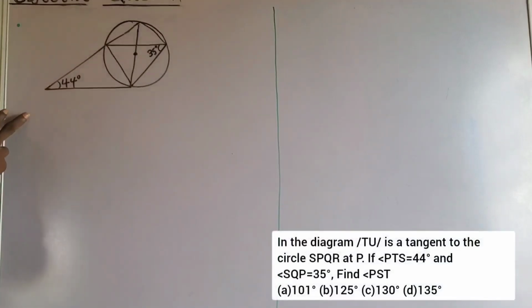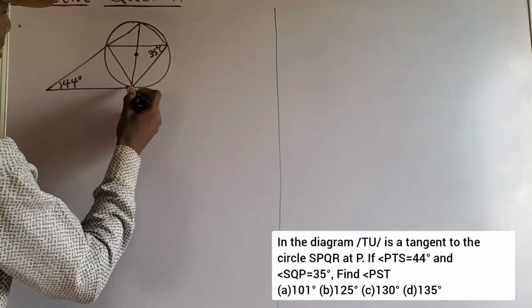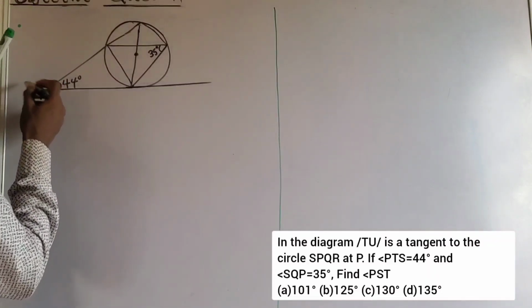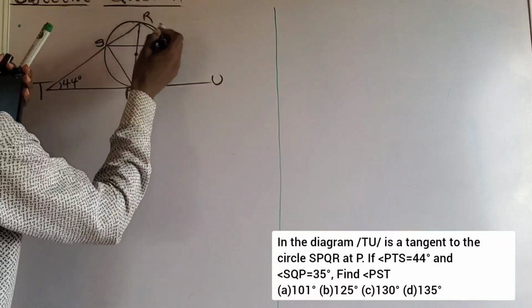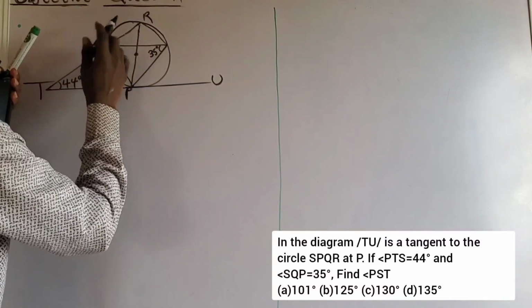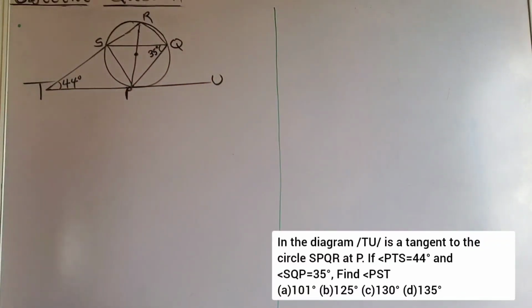In the diagram, TU is a tangent to the circle SPQR.